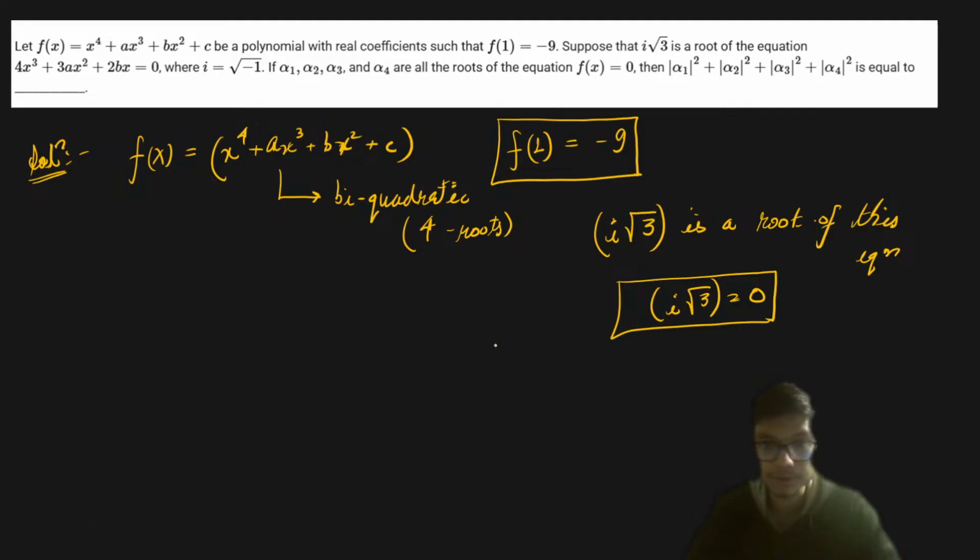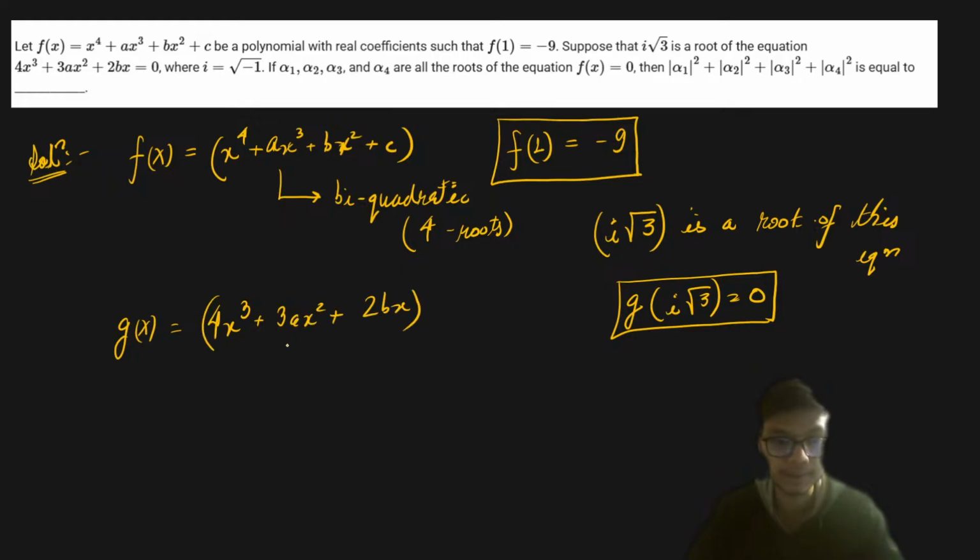Let's say this is equation G, where g of x is given simply as 4x cube plus 3ax square plus 2bx, right? And it is said that iota root 3 is the root of this equation, right?